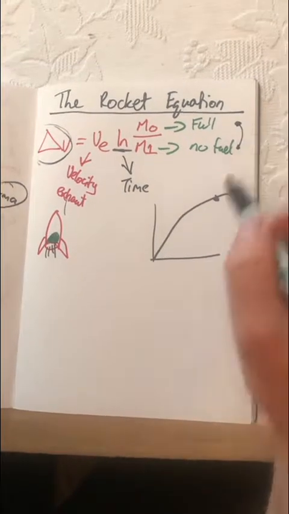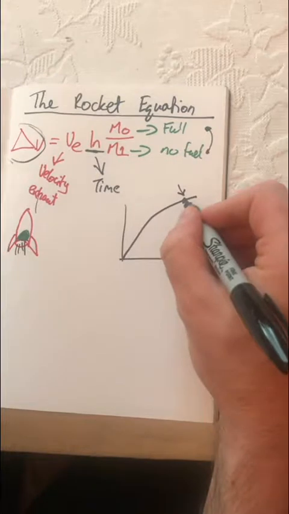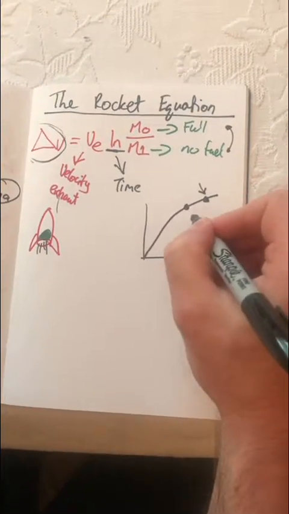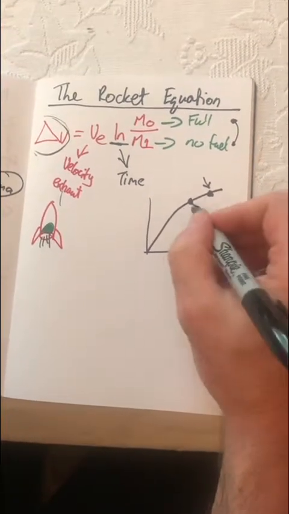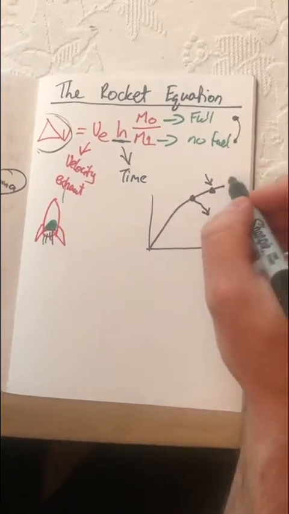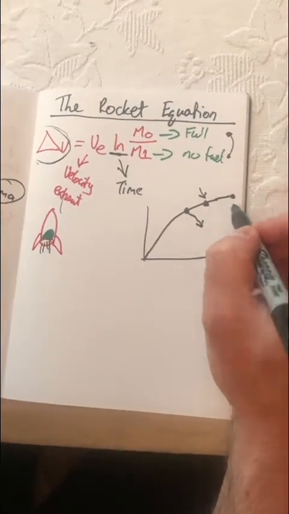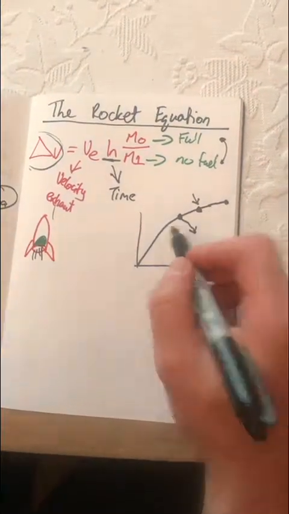Because if you haven't reached this point here, so if this is the rocket beginning to orbit, and you run out of fuel here, then instead of getting to here, it's just going to fall back to Earth, isn't it? Or if it's going to run out of fuel way up here, then it's going to be too heavy, and you might need to reduce the amount of fuel.